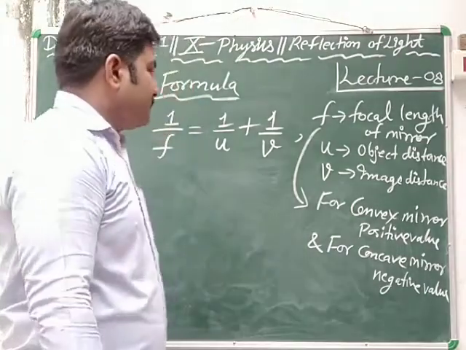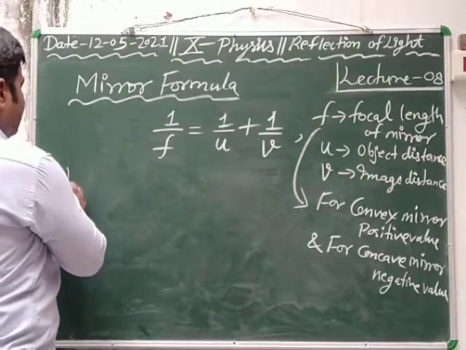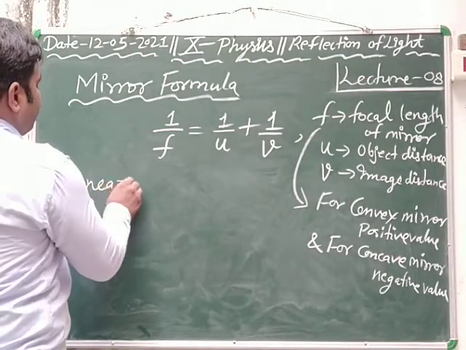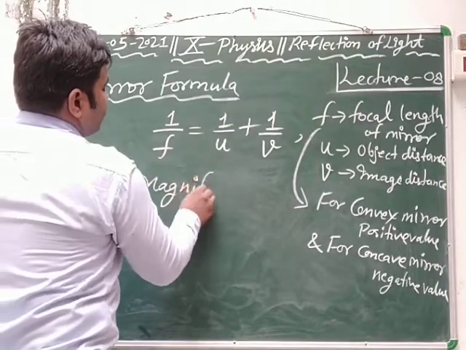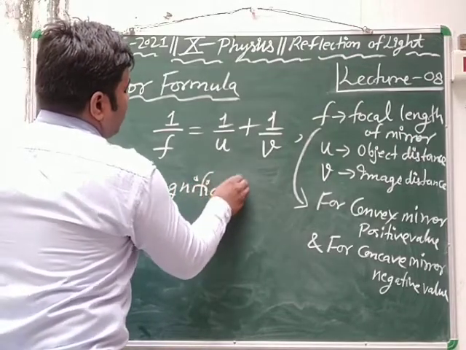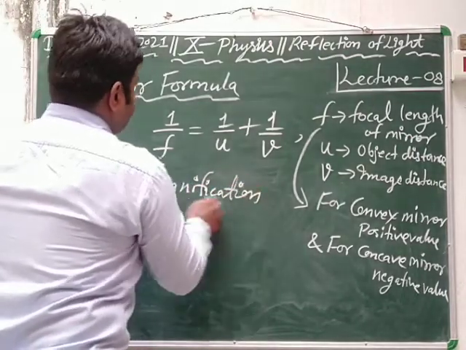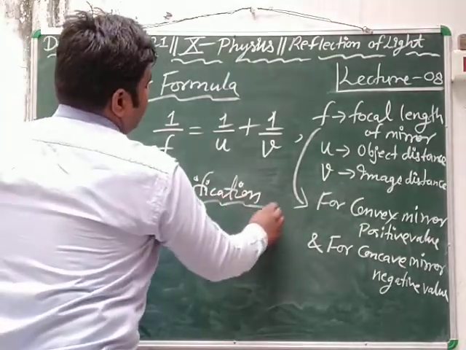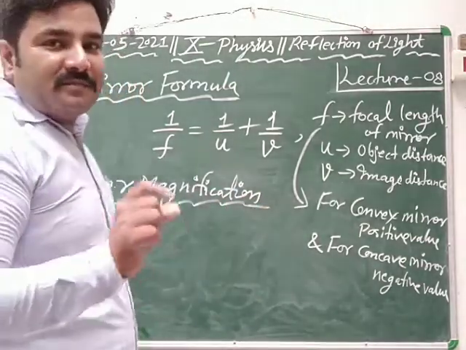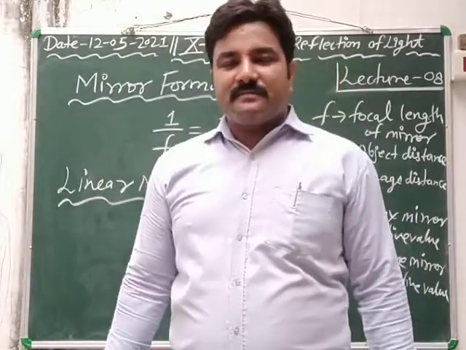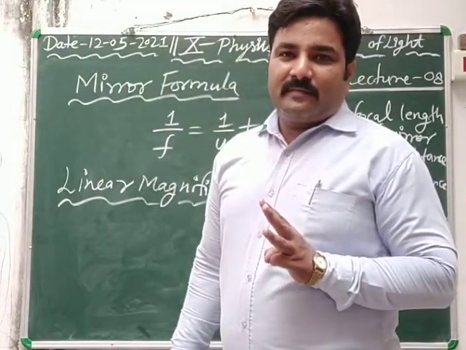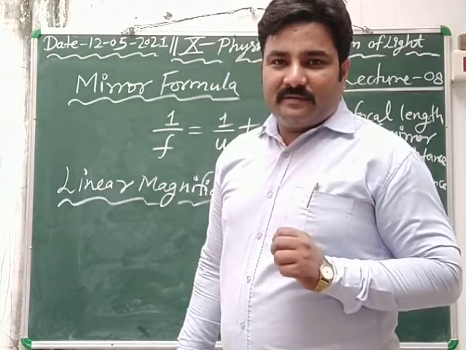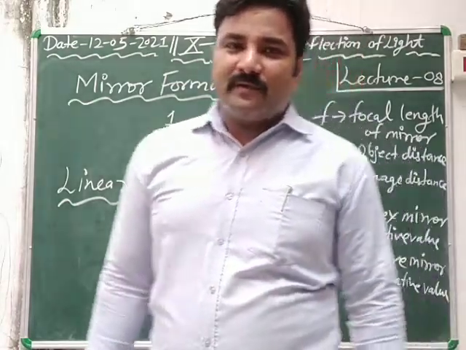Clear? So after this mirror formula, linear magnification, or simply magnification, no matter. Very simple case, linear magnification here. When the object distance and image distance, any one is given and magnification is given, out of the 3 any 2 given, then we can use this concept also for solving numericals.